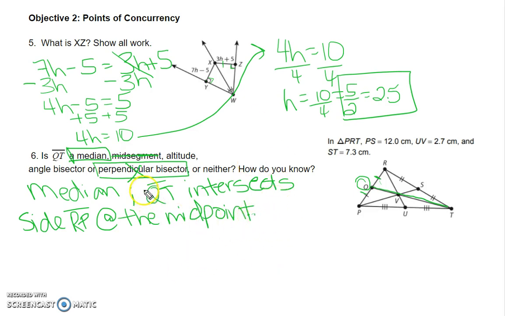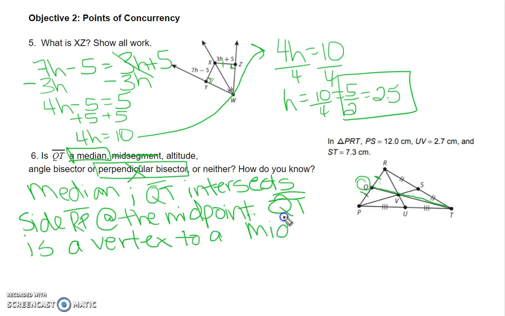And let's see, is there anything else I can add? I guess I could say QT is a vertex to a midpoint. That's technically the definition of a median.